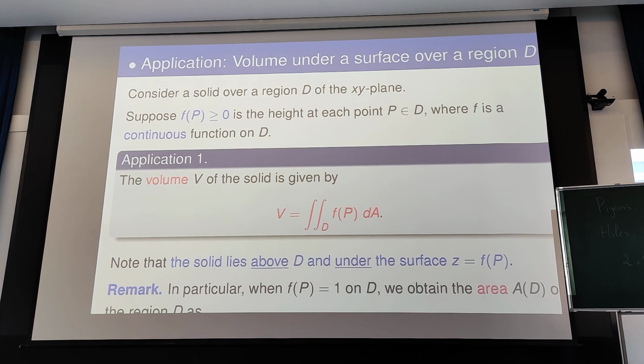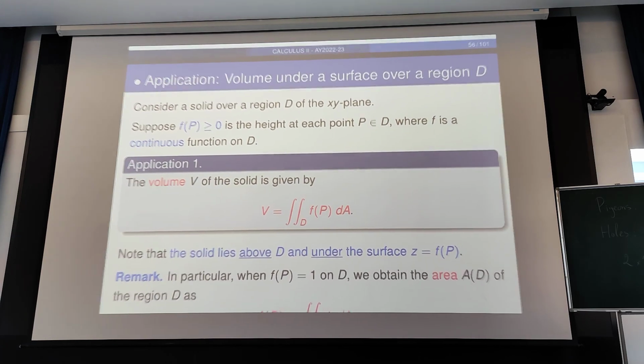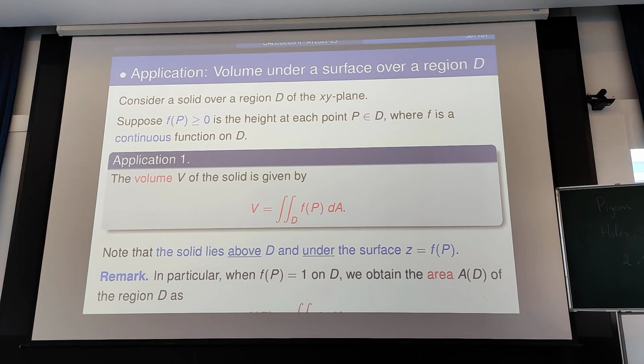In the next lecture, you will know how to calculate the double integral. But for now, you only need to know that we have applications. We can use the double integral to find the volume of solids that I mentioned before.